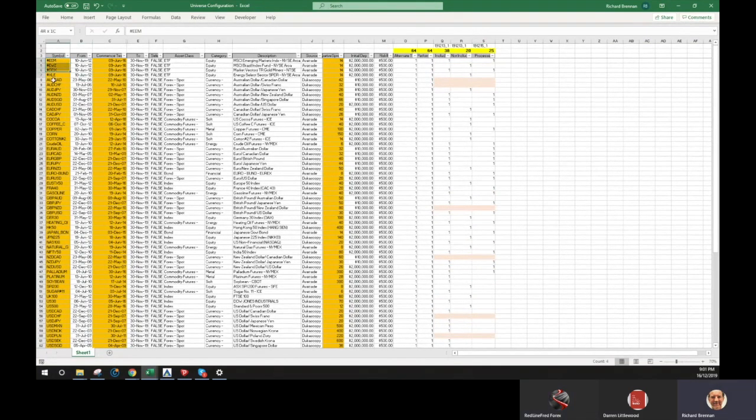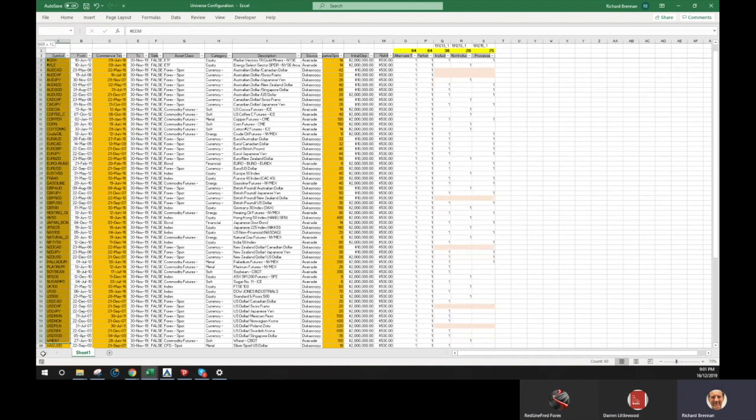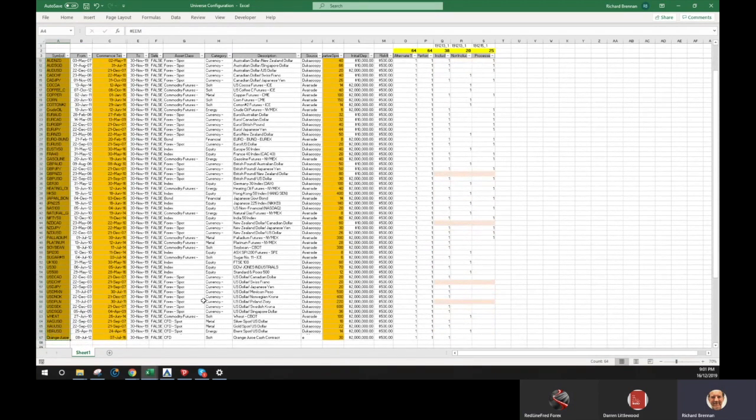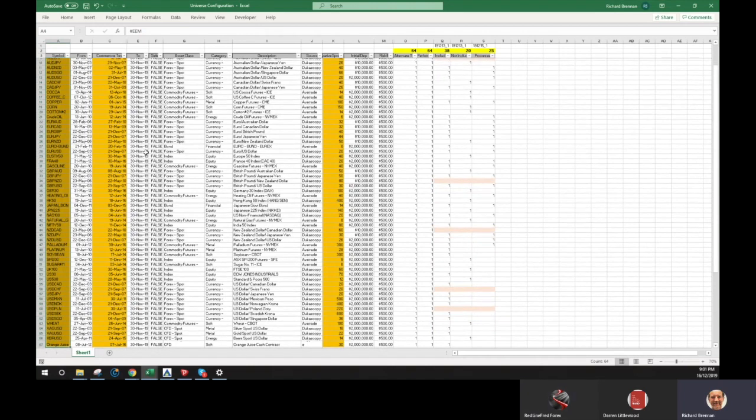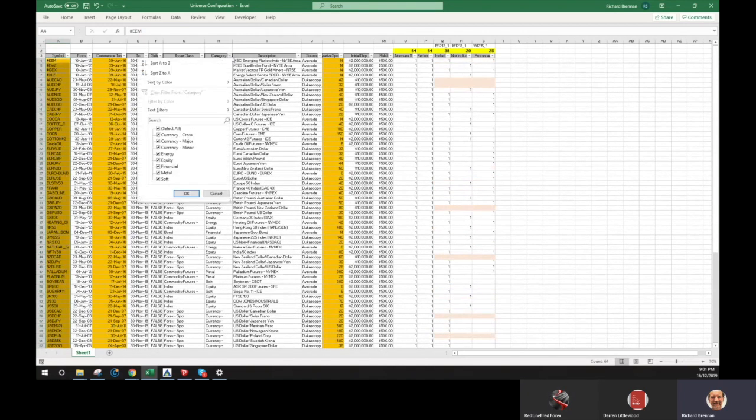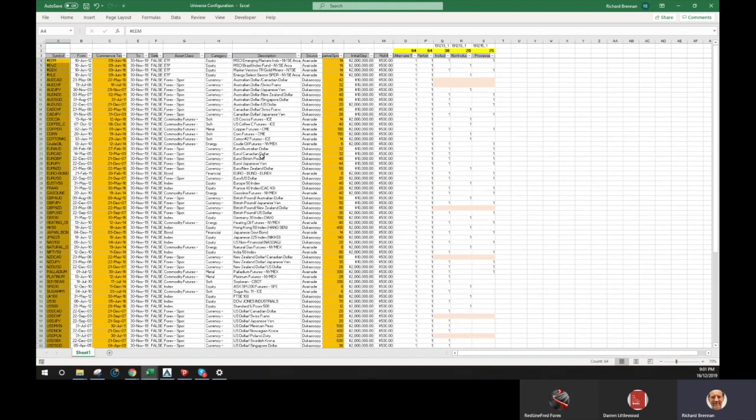We're testing across a diverse universe across asset classes, and currently our universe has 64 separate markets spanning Forex, commodities, and indices effectively. Within those sectoral groupings, we've got subgroupings.